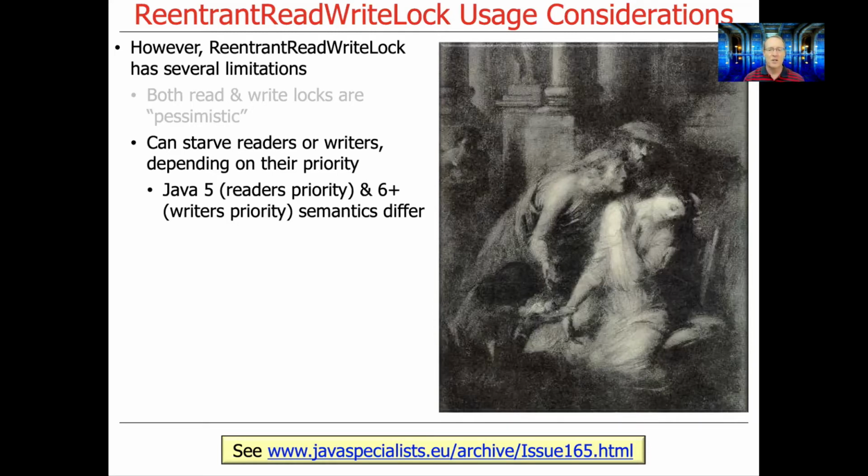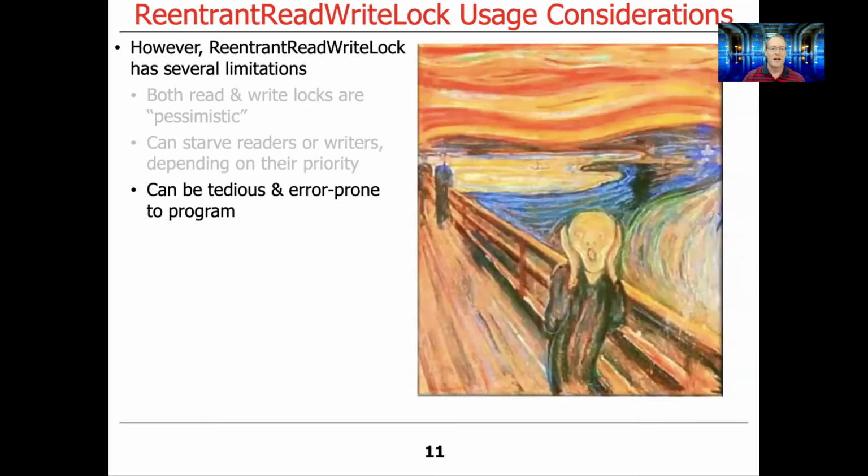The downside, of course, is that you're starving writers, and because writers probably have something important that they want to do, like update the state to be fresh and new, you are actually probably making the wrong choice by giving readers priority. So because of that, they changed the semantics in Java 6 and beyond to give the writers priority, which might not be as efficient in some sense, but it's probably a better idea because when writers have something to say, we want to make sure that we listen to what they have to say.